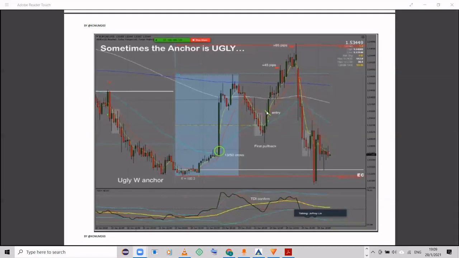And not only did it break above the 50, it also broke above the 13 EMA and closed above both EMAs. So that is strong buying. The entry will be right there, then you just enter and smile all the way. Price will be moving your way all the way up to what? 45 pips.